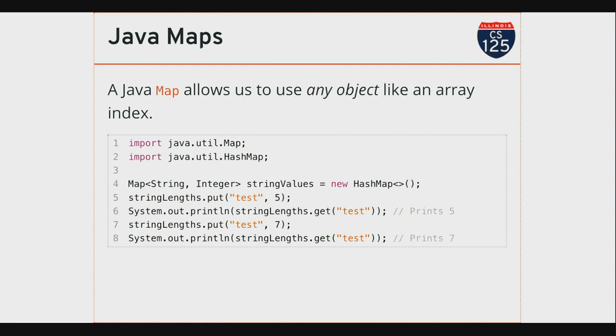And now what I can do is I can put values, I can create mappings. So put associates a key with the value. So essentially put says, this map will map test, the string, to the value 5. And then later, if I want, I can get the value of test, okay? Same thing here. So I'm gonna put test, now I'm gonna associate it with a new value.